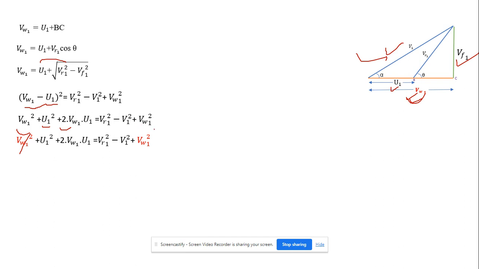We cancel the Vw1 square. The remaining term is Vw1 U1, which is equal to U1 square minus Vr1 square plus V1 square, divided by 2.